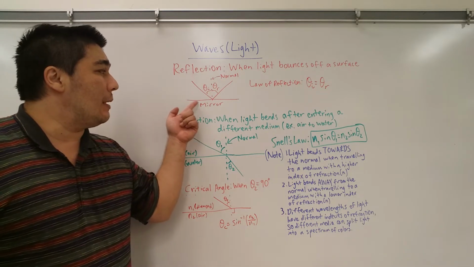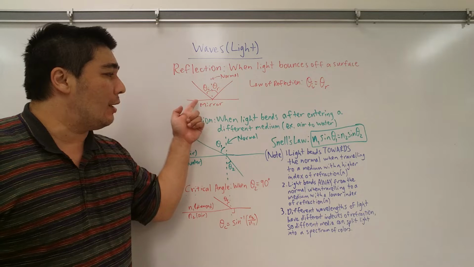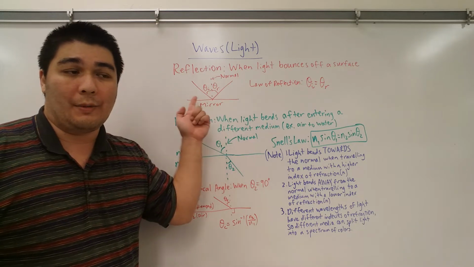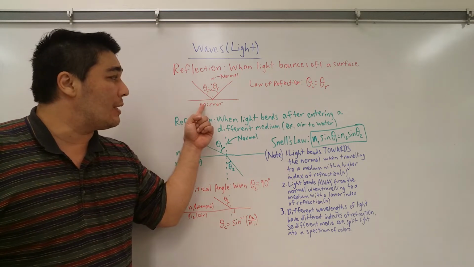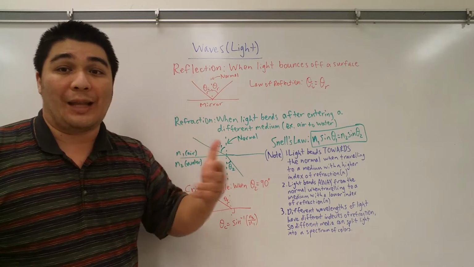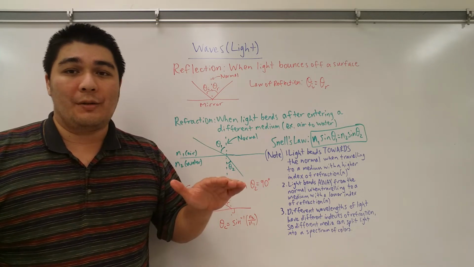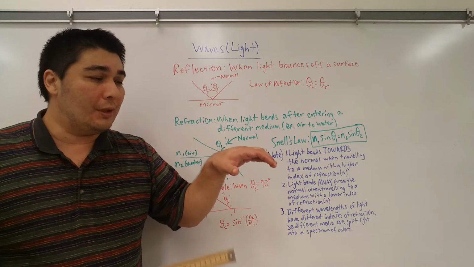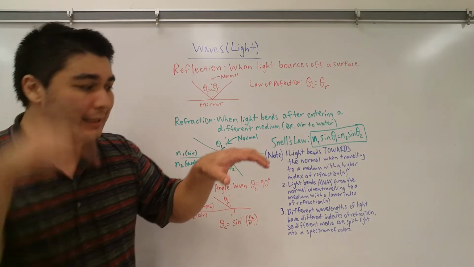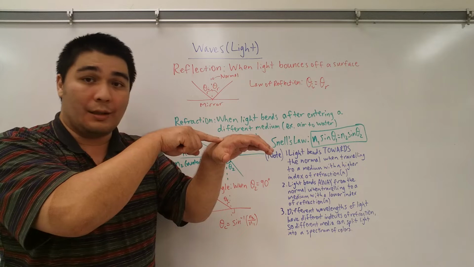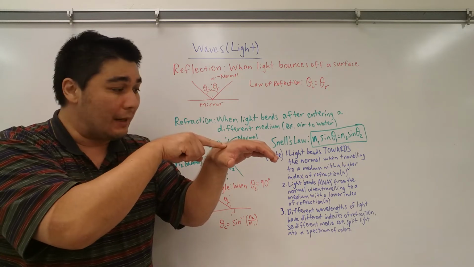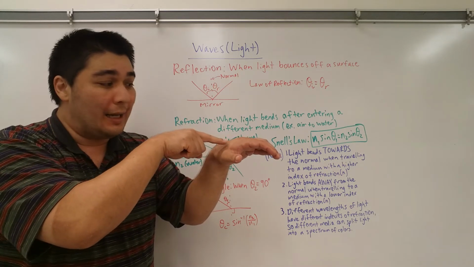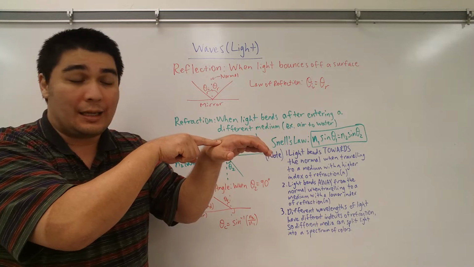When the light hits, it always hits on the surface of a mirror. You can always focus it down so that it becomes a flat plane. Even if your mirror is curved or something like that, wherever the light hits, if you focus in on that part of the mirror that it hits, that's where the angle of incidence is going to be.